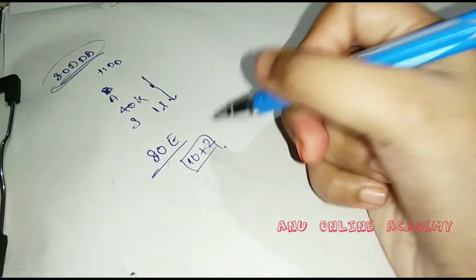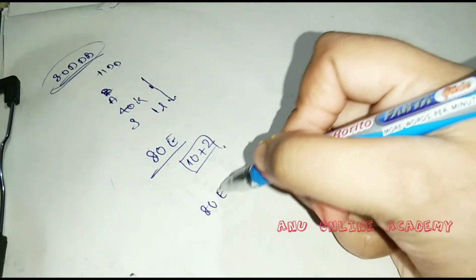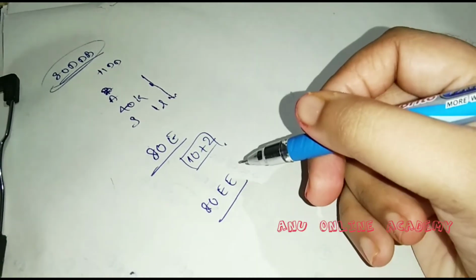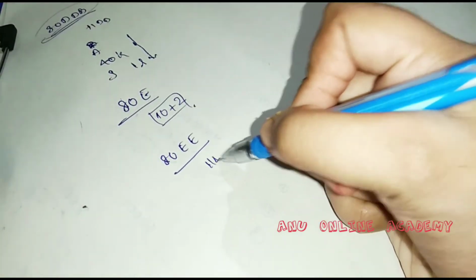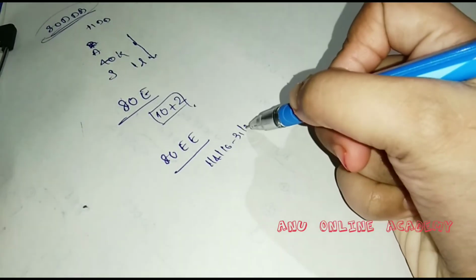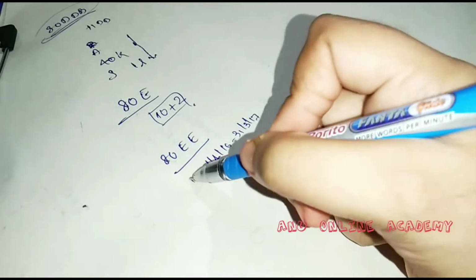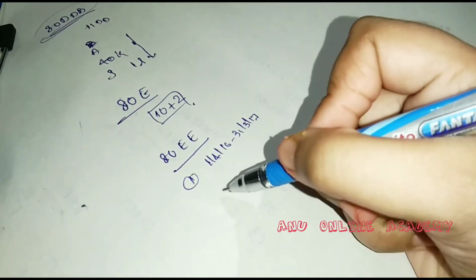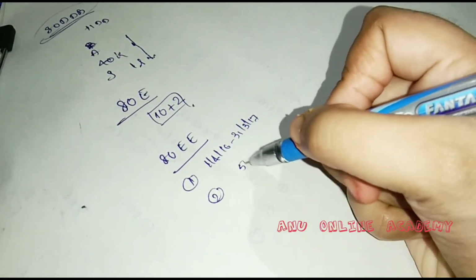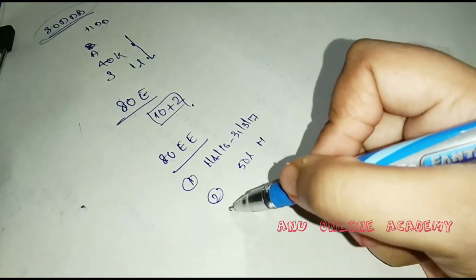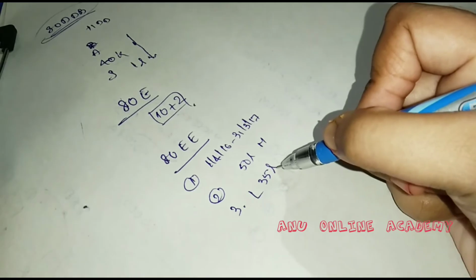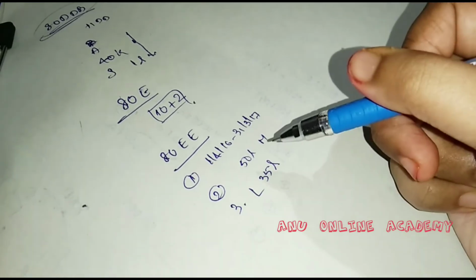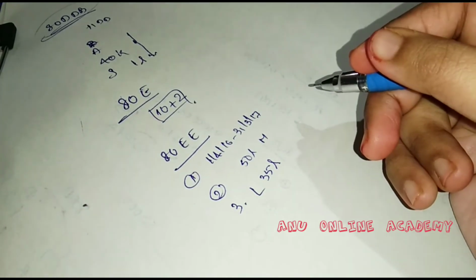And see the next section, 80EE, interest on loan for residential house property. House property acquired during 1/4/16 to 31/3/17, value of house property 50 lakhs maximum, and loan taken 35 lakhs maximum from a financial institution, that is a banking company or housing finance company.